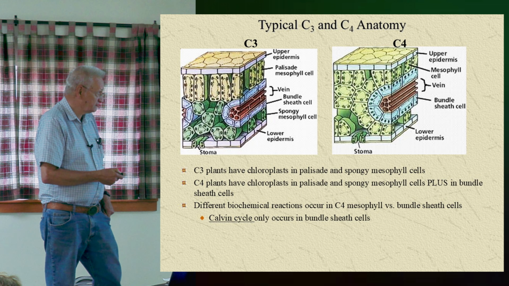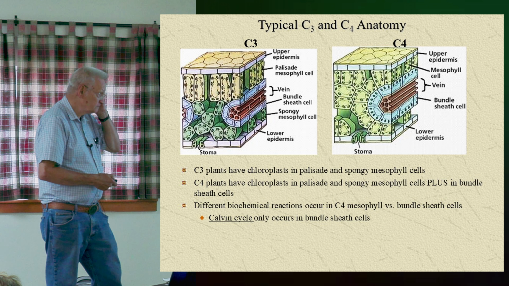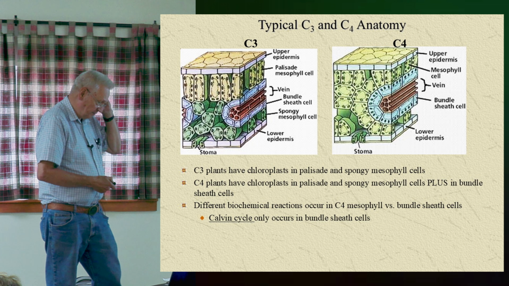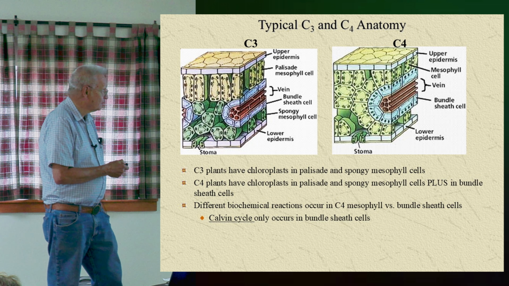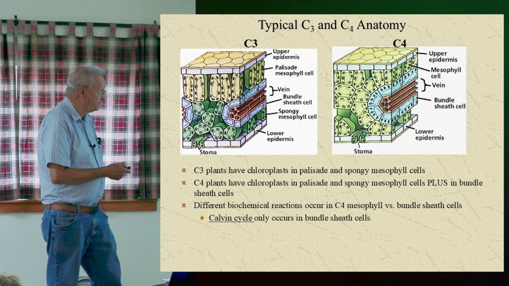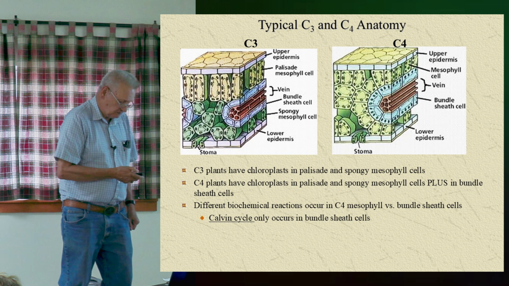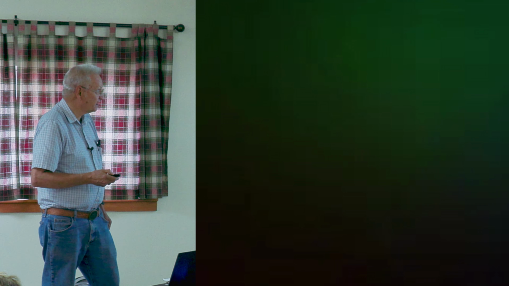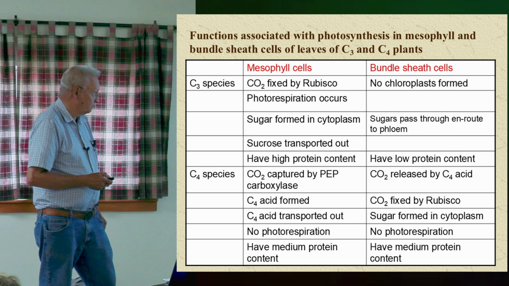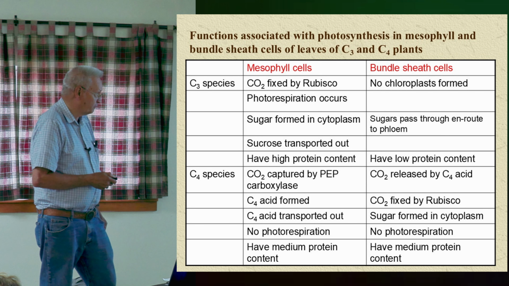C4 has two different enzymes. The Calvin cycle, which involves the ribulose diphosphate, is in the C3 and in the bundle sheath cells of the C4. The C4 plant has another enzyme called carboxylase that works in the photosynthetic process.